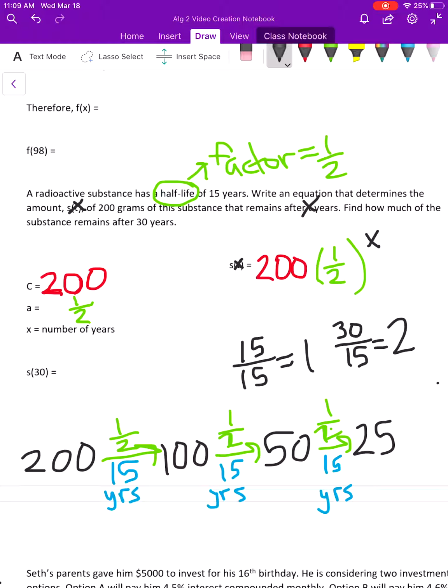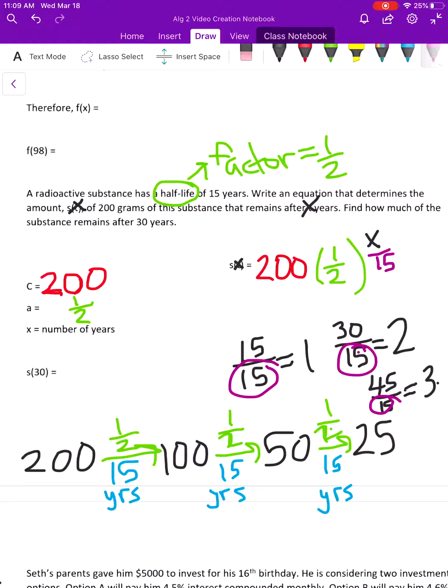And then 45 is 3 cycles of compounding, 15 plus 15 plus 15, which is 45 years. And so if you notice what's the same, how I'm finding these cycles every time, is by dividing by 15.